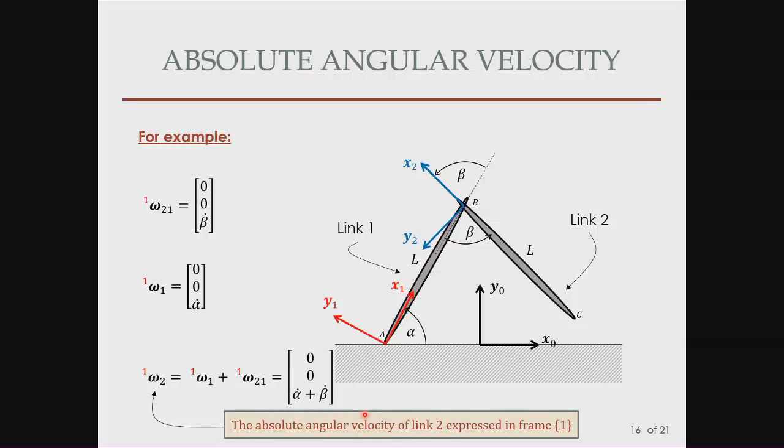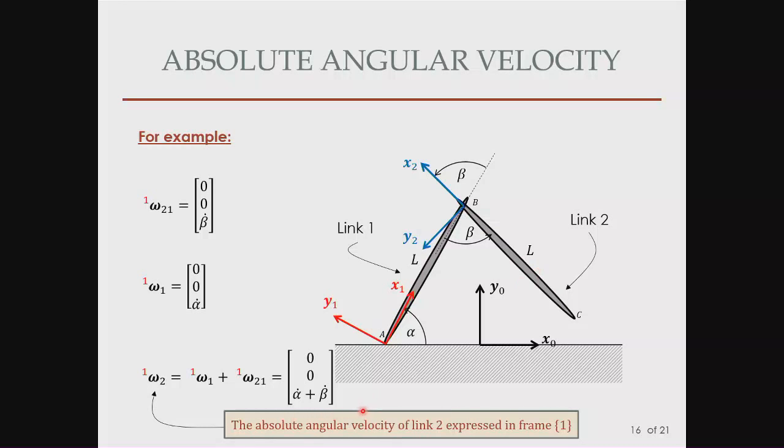If you want to check, imagine that everything other than link 2 disappears, and you only have link 2 performing its motion, and alpha and beta are changing. As alpha and beta change, link 2 will be rotating relative to the ground, to the stationary space, with alpha dot plus beta dot.